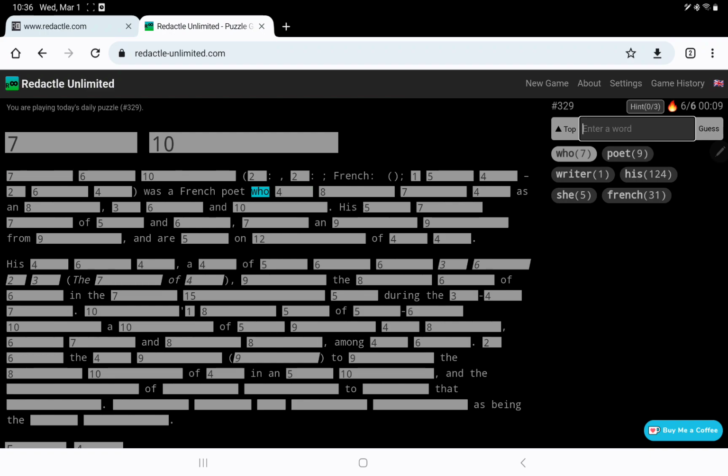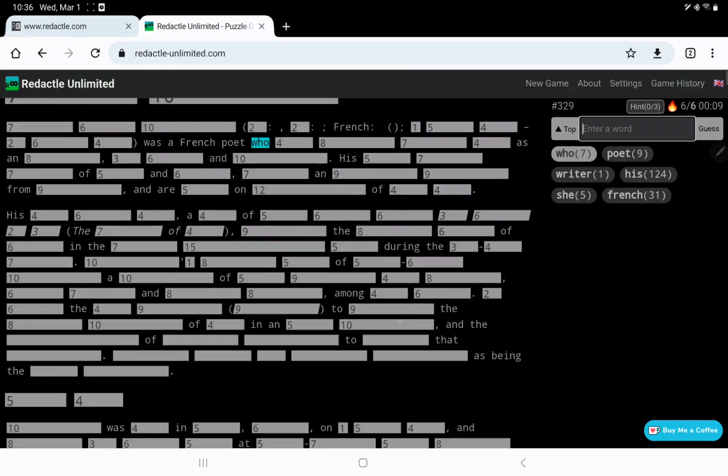What other French poets do I know? Mallarmé is only 8, right? Because I think he was Stephen. And then the poem, The 7 of 4, his best known, I suppose? No, best something poem. 10, no, his something work.